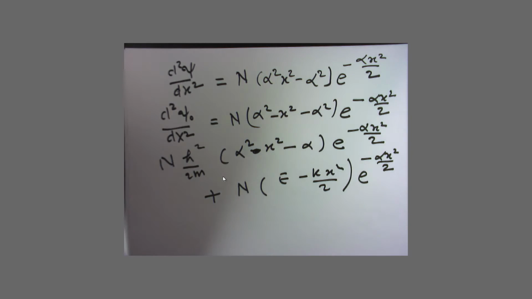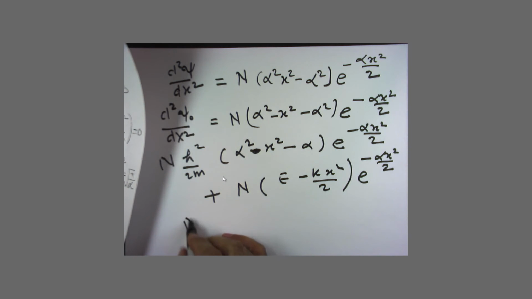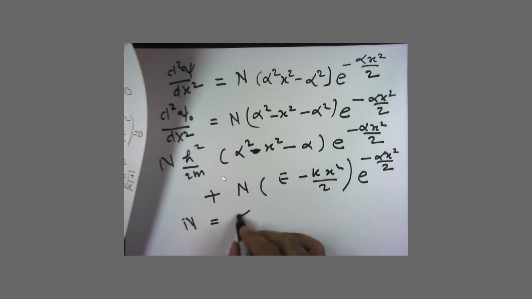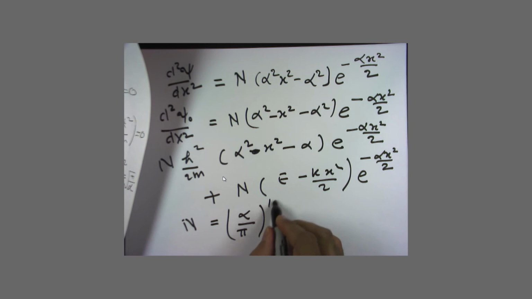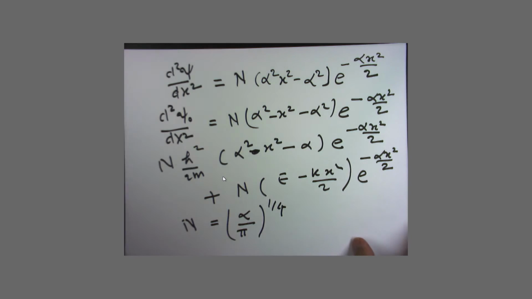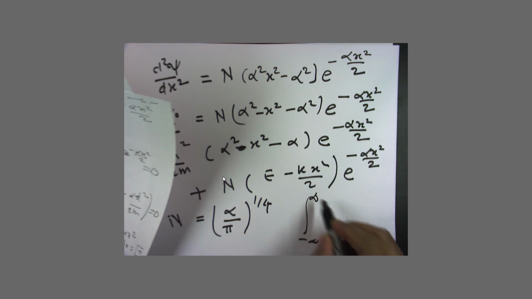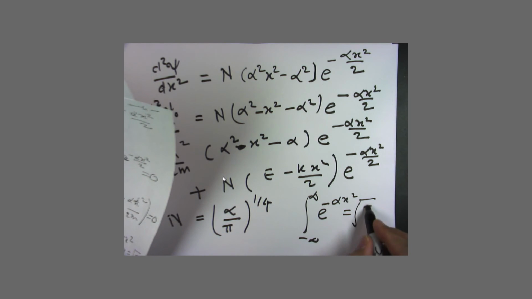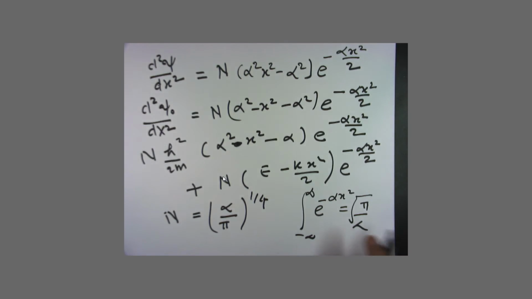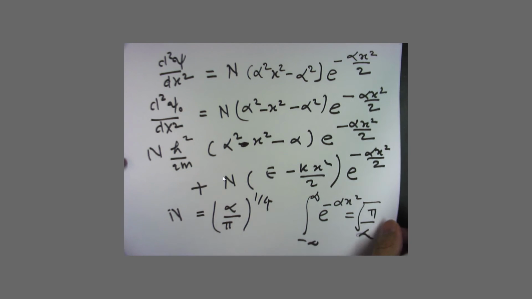So, if you look at here, we are looking at N property is equal to alpha over pi to the power 1/4. So, if you look at that, and also if we think minus infinity to infinity, if we do e function of minus alpha x square, that gives us under root of pi by alpha. Then we have a very nice solution for vibrational energies now and their levels.